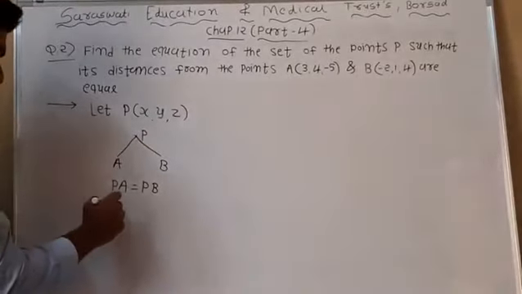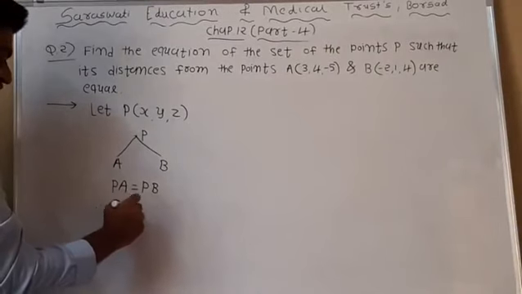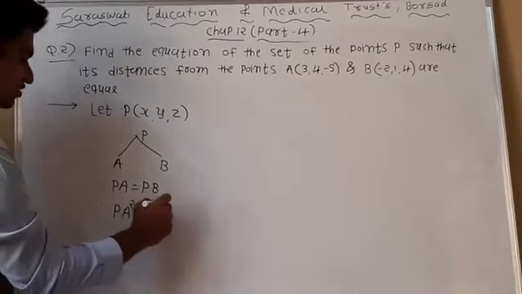Now after squaring on both sides, PA square is equal to PB square.